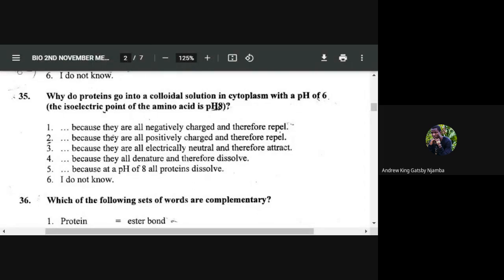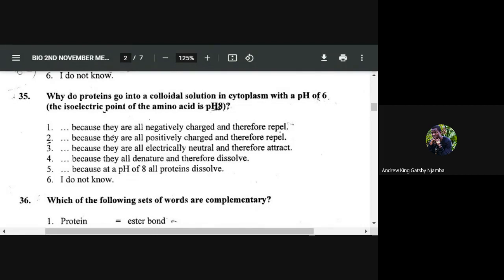And we're saying at 8, they are electrically neutral at some point. They are not negative, they're not positive, they're acting like neutral. So a pH greater than 8 will make them to be what? To be negatively charged, like question 34 was saying. Then a pH less than 8, which is pH of 6, will make them to be positively charged.